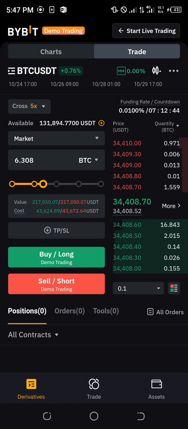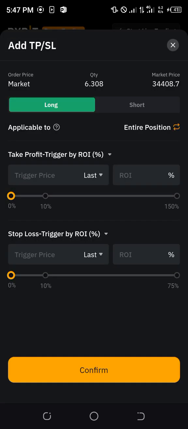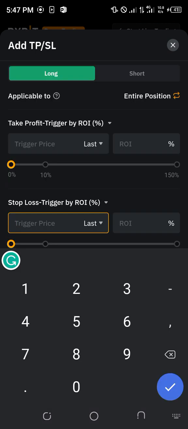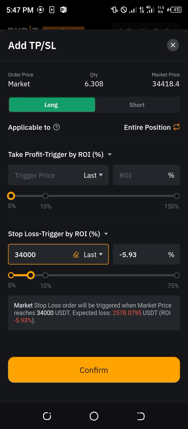Let's say we are longing and we are using 3400. The stop loss here is 2000 something, and I want to risk lesser. I want to risk 1300.